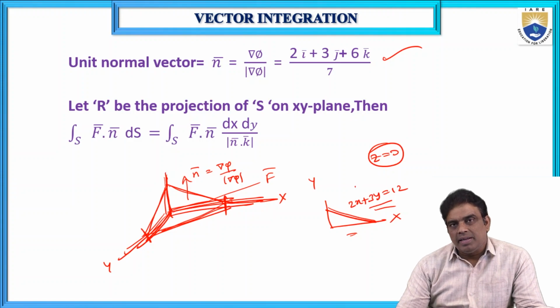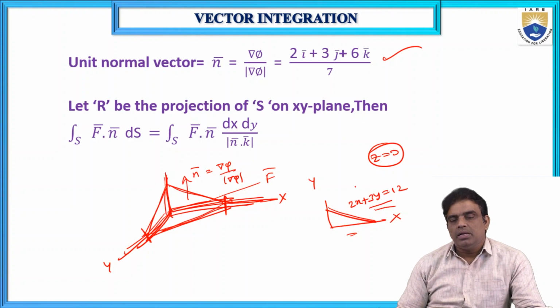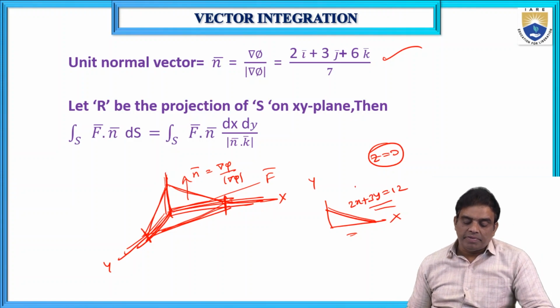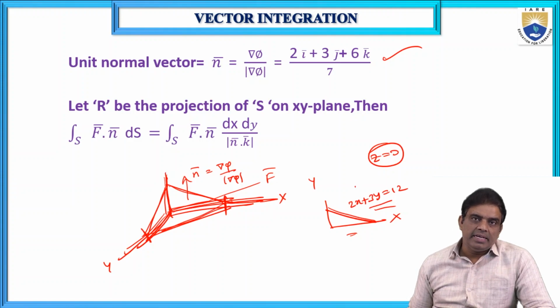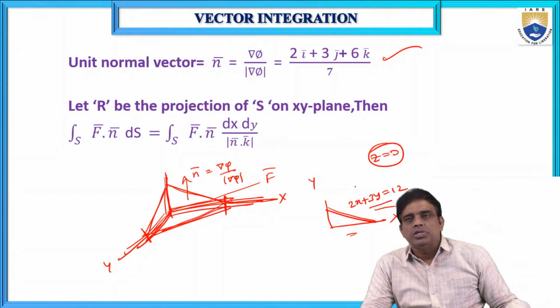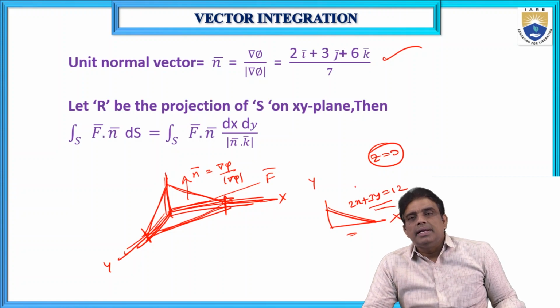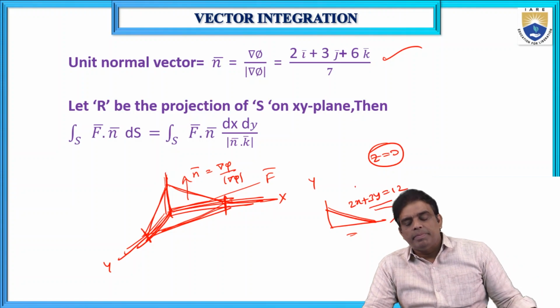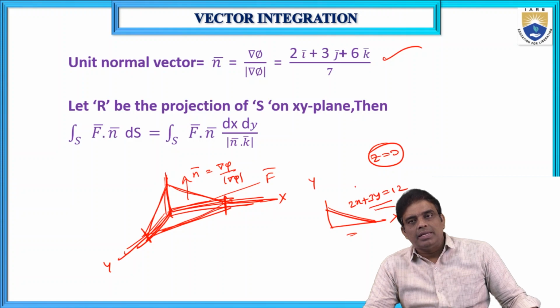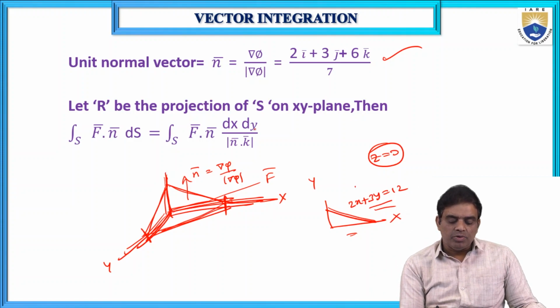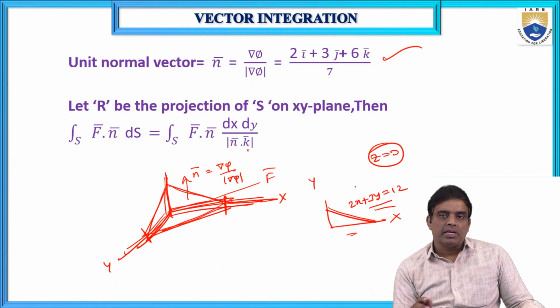F bar is already given in the problem, called the vector point function defined on the surface. To evaluate this integral, I am assuming R to be the projection of S on the xy plane. Then the integral of f bar dot n bar ds will become the integral of f bar dot n bar into dx into dy by magnitude of n bar dot k bar.